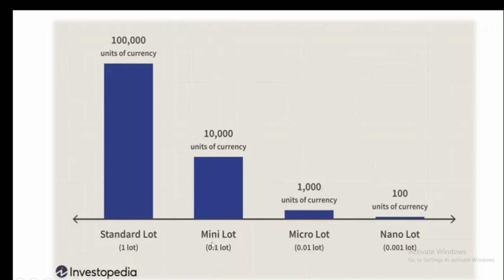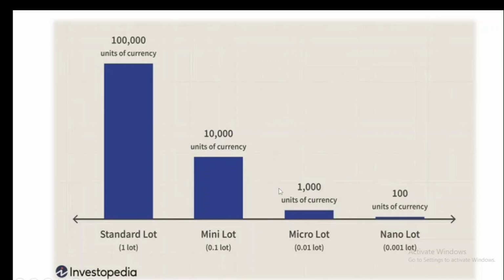Standard is 1, and then a mini lot is 0.1. Instead of writing 10,000, the short form is 0.1, and this is what you'll be putting when you're trading on your trading platform, as we shall see.